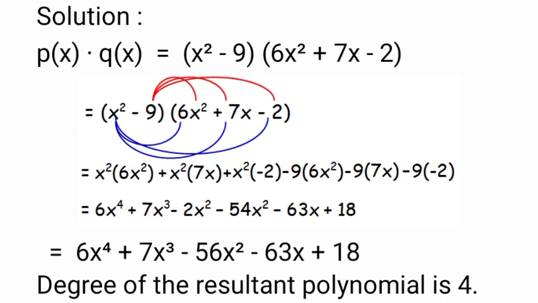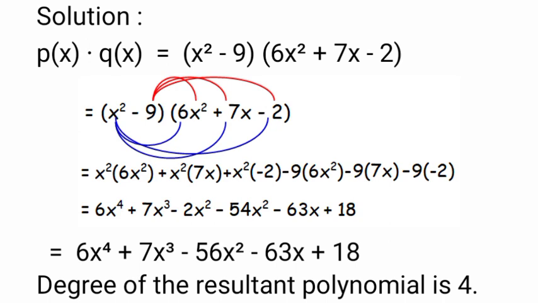Next x square into 7x, x square into minus 2, minus 9 into 6x square, minus 9 into 7x, minus 9 into minus 2, that equal to x square into x square.